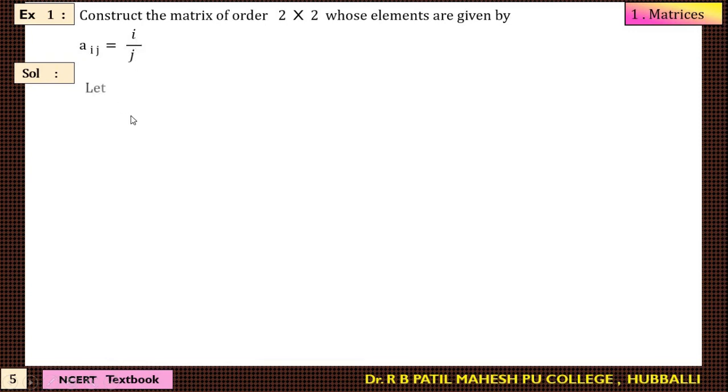So first let me write the general matrix of order 2 cross 2. So the matrix is A11, A12, A21, A22. Now let me find the first element A11. In this formula, taking i as the first number in the subscript 11, that is 1.